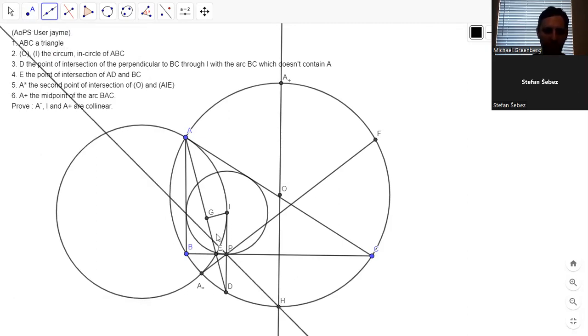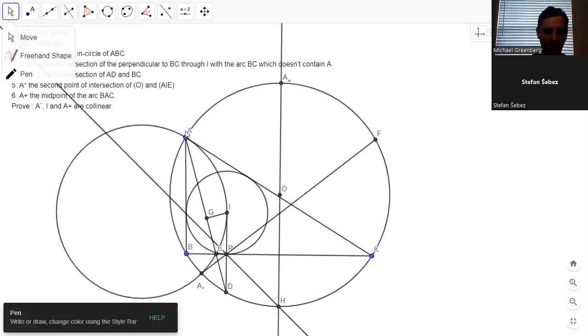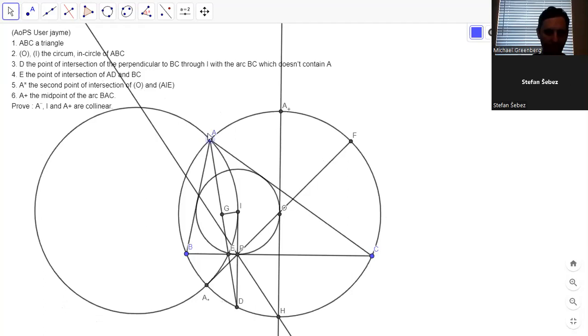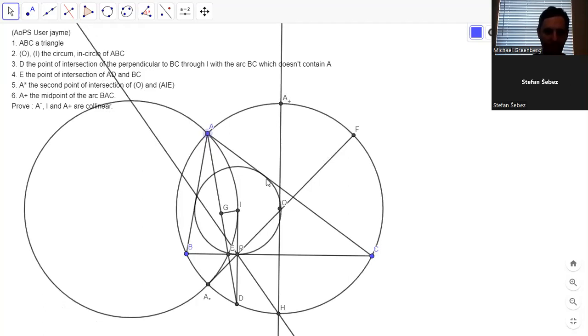And then this point is cyclic with those 2 points, but I'm not sure if that helps that much.